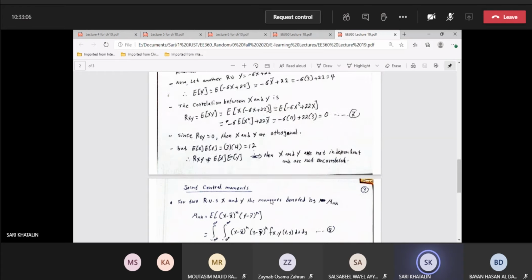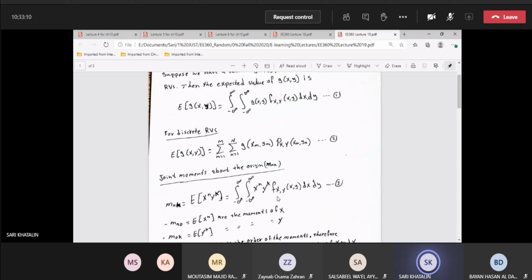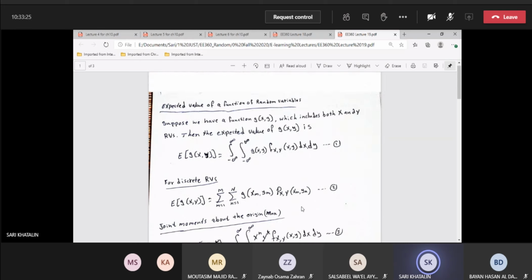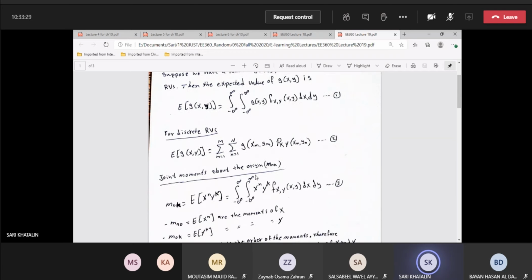And I think that's enough. We had a lot of information here today. In chapter 4, we talked about conditional joint CDF and PDF, and also independence. That was not really a big deal. In chapter 5, we talked about expectation. Expectation and moments are not new to us because we covered them in chapter 3.